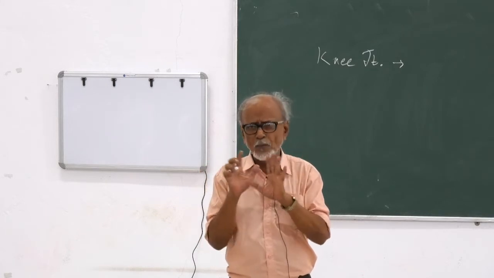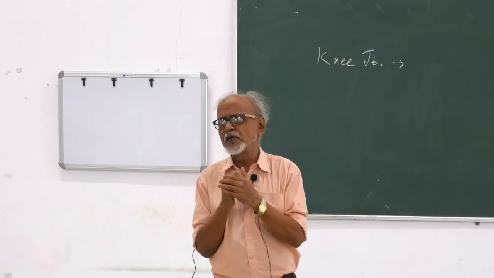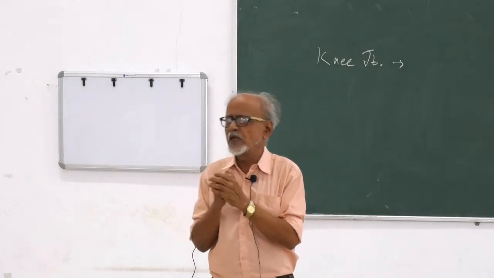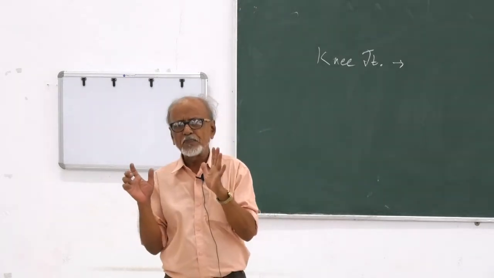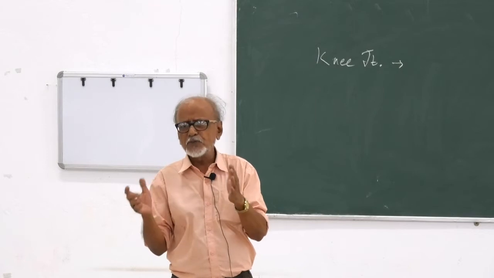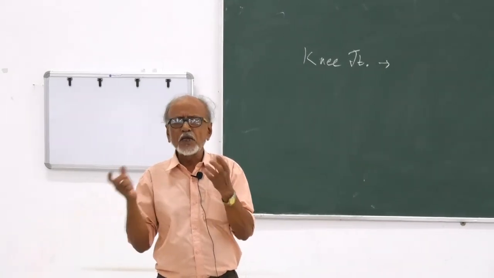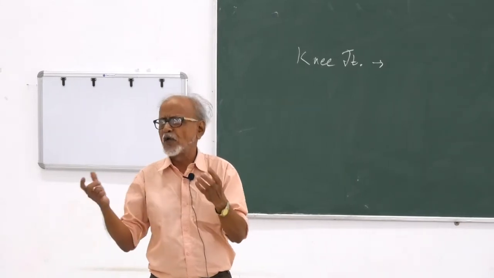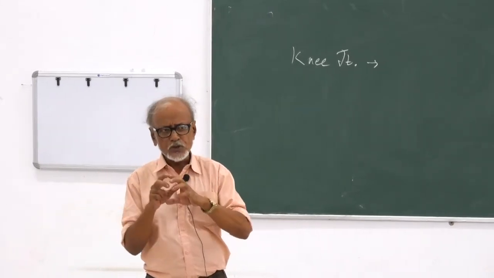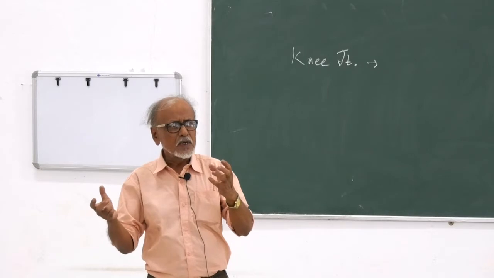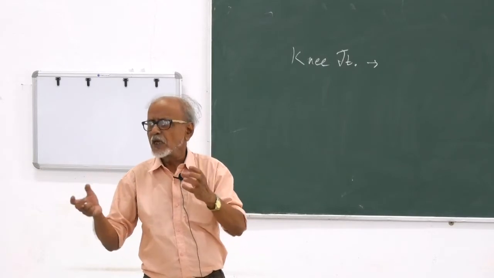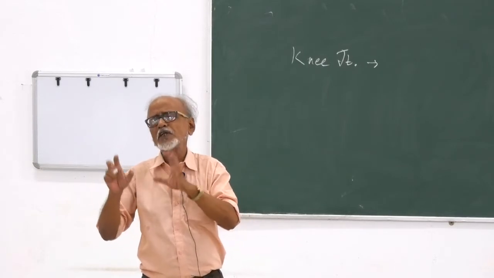It is very complex. A three-dimensional entity, very complex in nature. Why is it such? Because it is the largest. Obviously, it involves so many bones, so many components uniting together, giving rise to the knee joint.